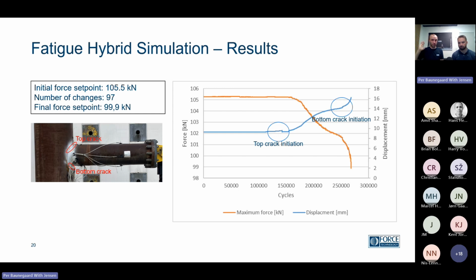So the joint stiffness is changing rapidly at this point. And the final set point for the force was then 99.9. Now, unfortunately, the test didn't behave exactly as we expected. We expected to have a crack at the bottom here, but around 125,000 cycles, we detected a crack at the top of the joint.